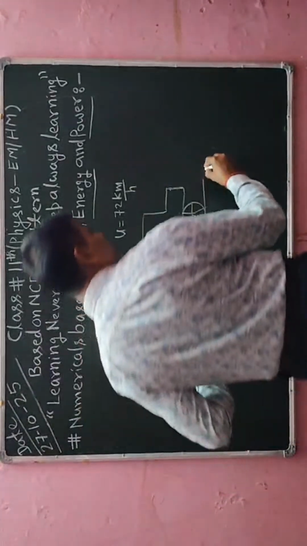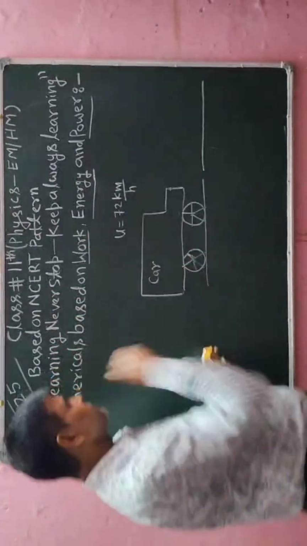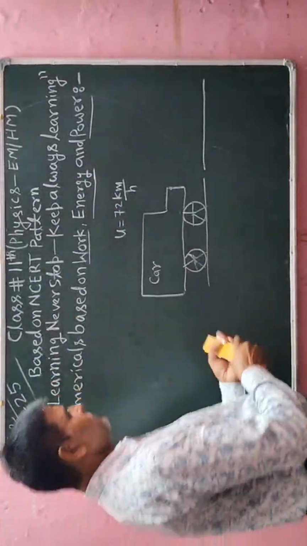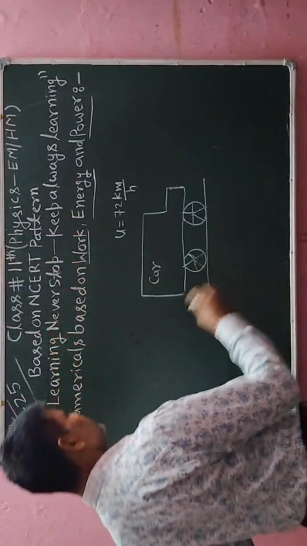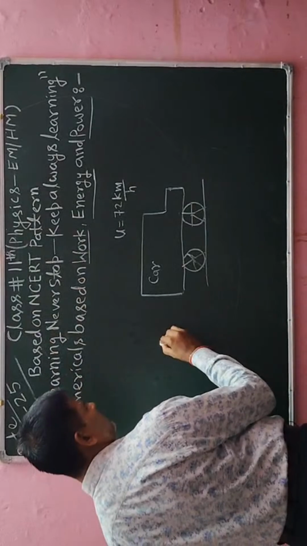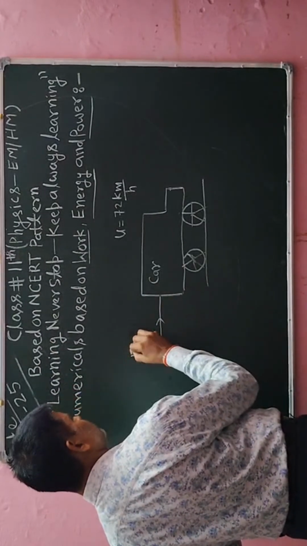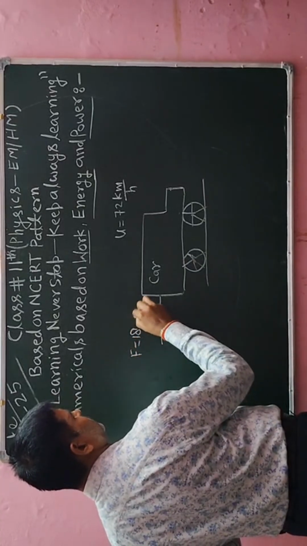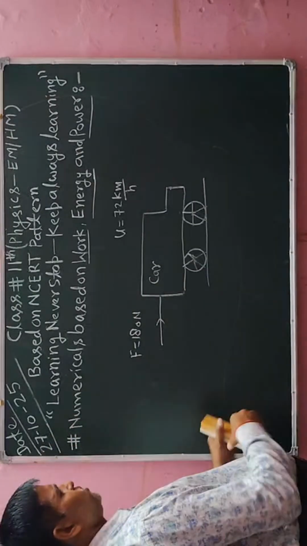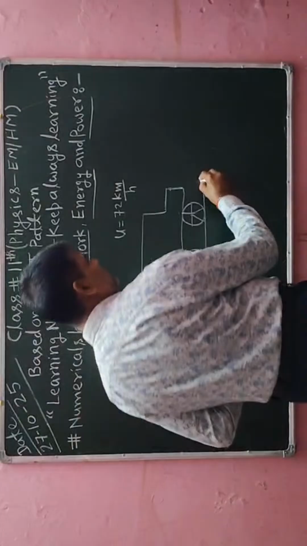After some time, on this car one constant force is applied, F is equal to 180 Newton. With this force, this car is moving on the horizontal path.